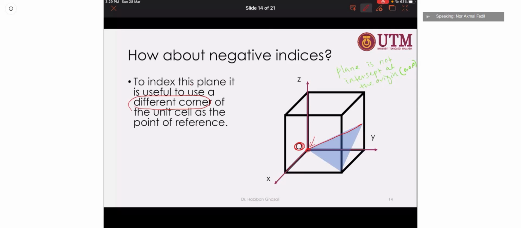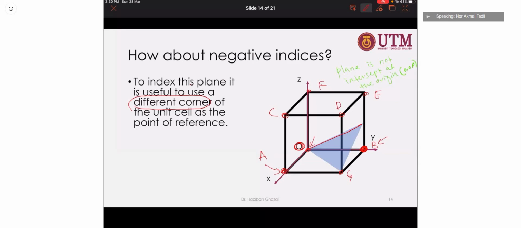I think so that there will be intersection on the X, Y, and Z axes. Yes, that's correct. If we select B, you can see this is a new axis for the Z direction. This is X, this is Y. So if we move to B, you can see they all intercept at all axes.